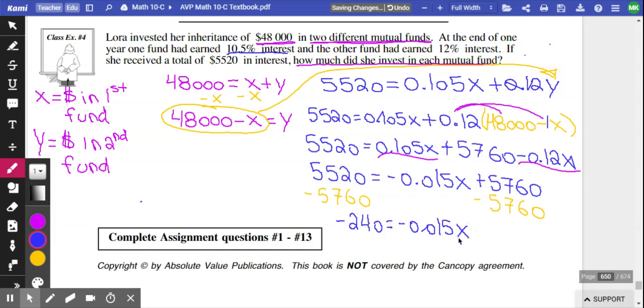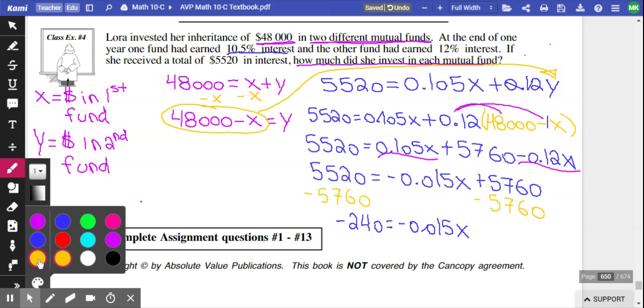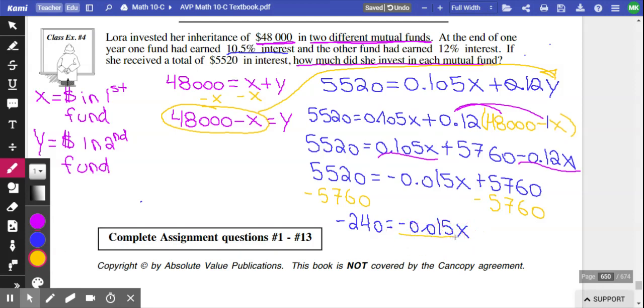My last step is to get rid of that 0.015. Remember, that's multiplied together because there's no symbol between the x and the number. To get rid of multiplication, we divide. So you're going to divide both sides by negative 0.015.